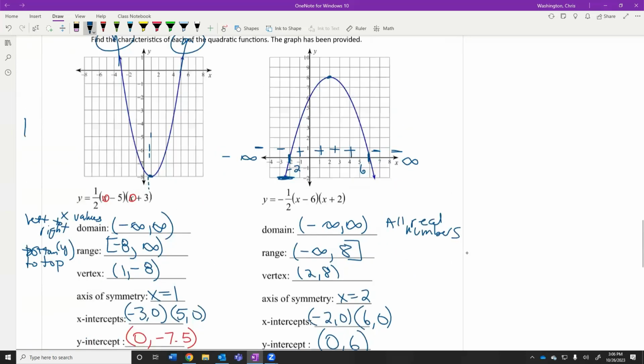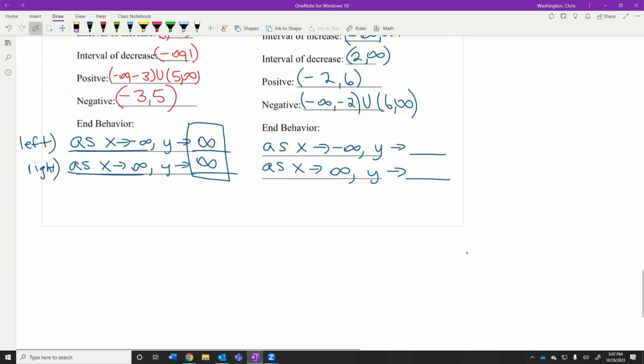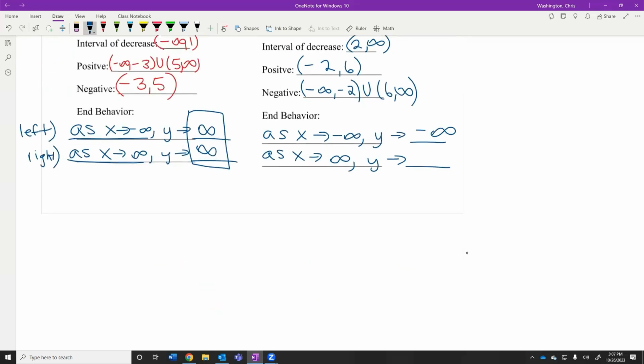The y values are going down to negative infinity. And the right side is actually doing the same thing. So with quadratics, because the left and right side are always going to go the same direction, the end behavior for the left and right are both going to be the same, either positive infinity if it opens up, or negative infinity if the graph opens down.